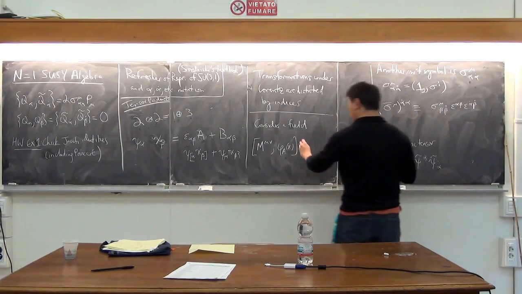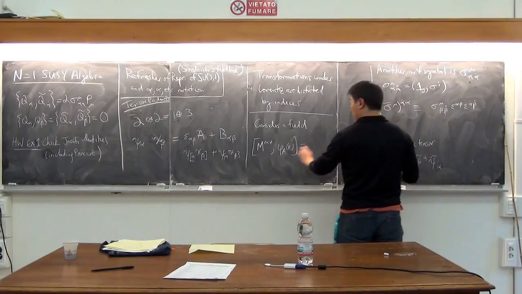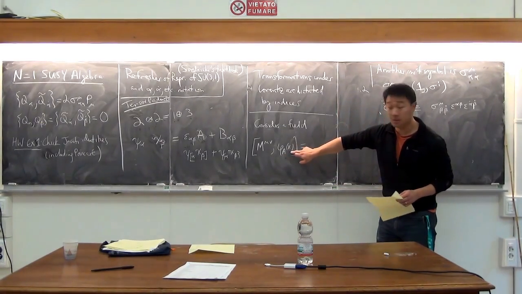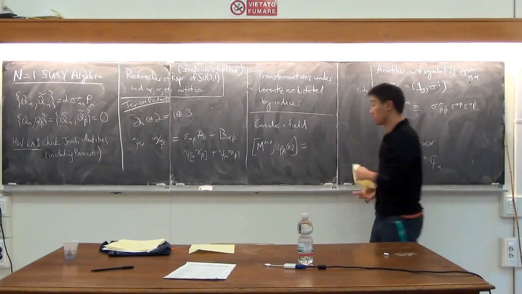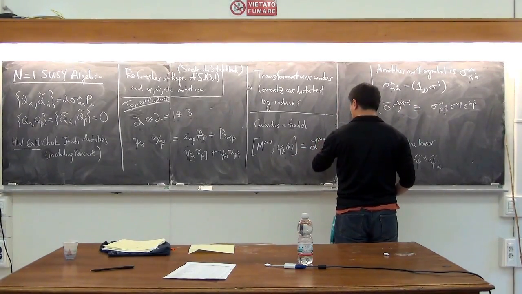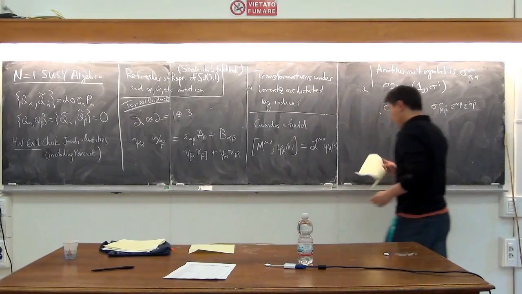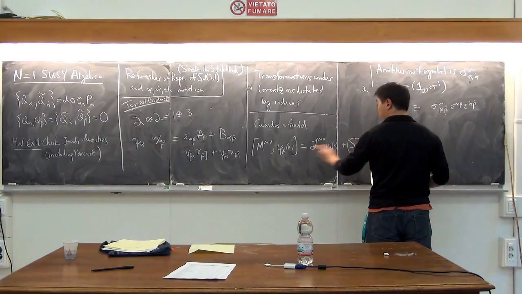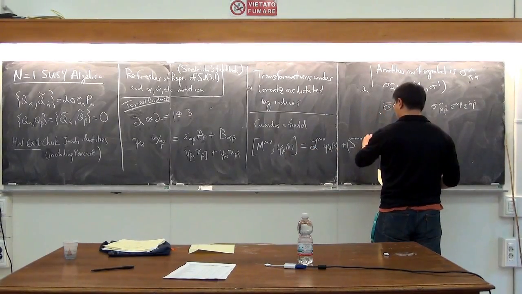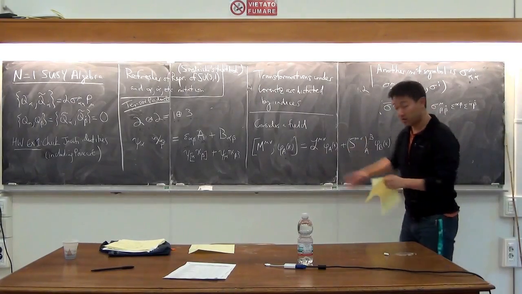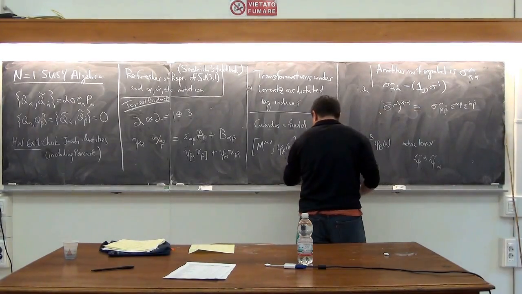Okay, so this has two pieces to it in general. There's the piece that transforms the space-time coordinate x, and then there's another piece which transforms these indices A and B. Where this thing here is just some derivatives.